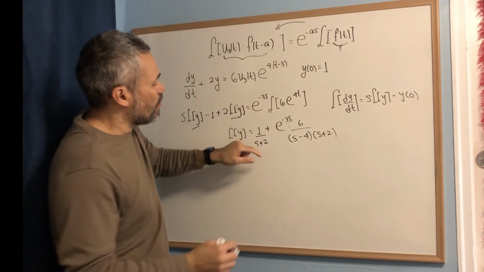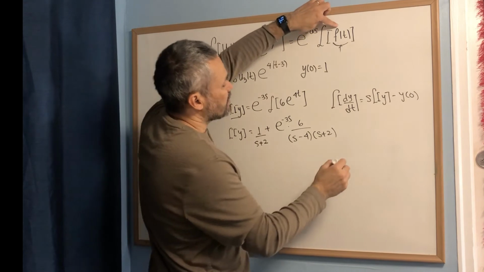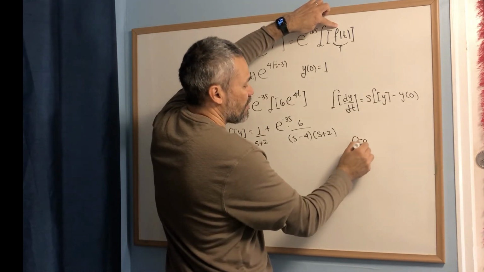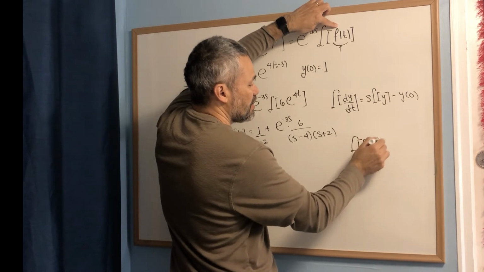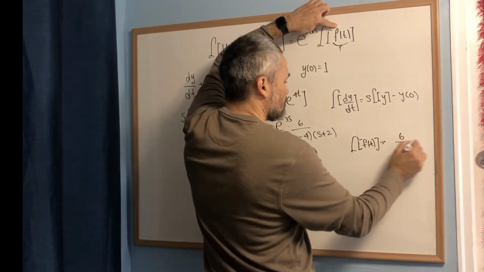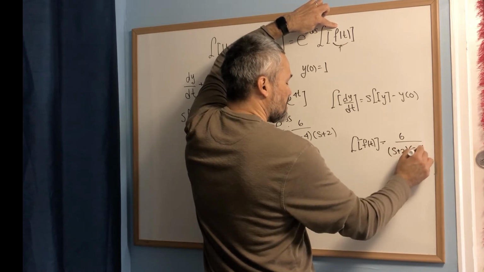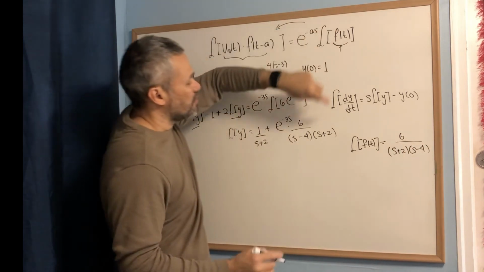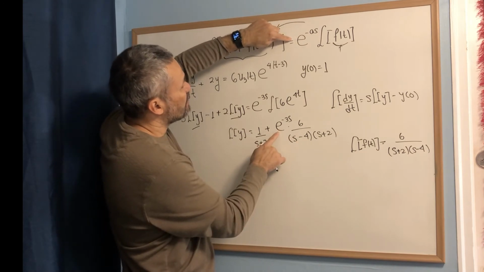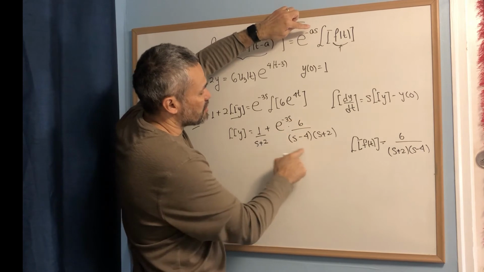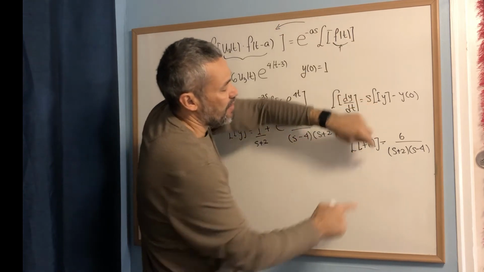Notice that we need to find what is f of t with the property that the Laplace transform of f of t is equal to 6 over s plus 2 times s minus 4. Because here we have the e to the negative 3s times, and we want to see this part as the Laplace transform of f of t.